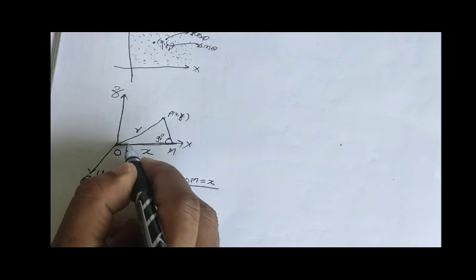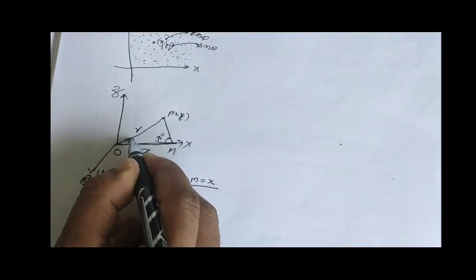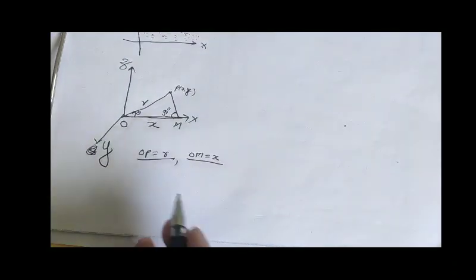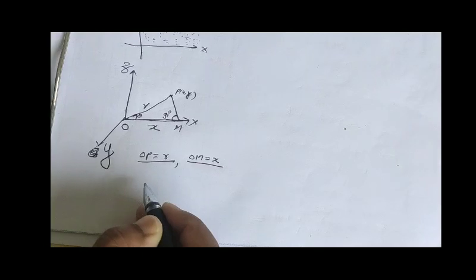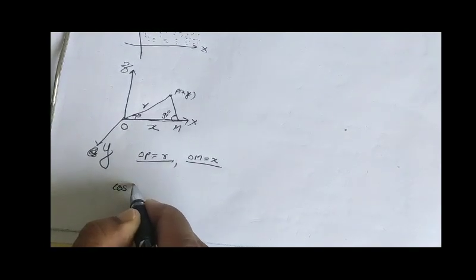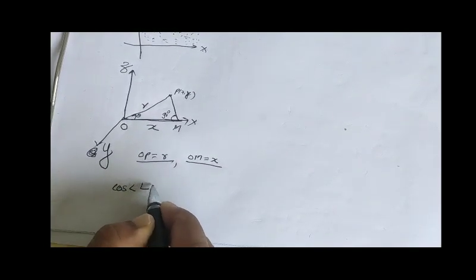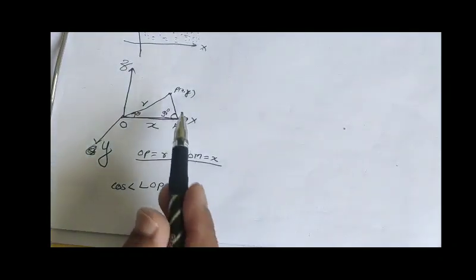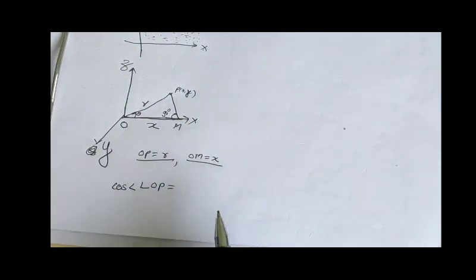Now suppose this is any angle theta, which is an acute angle, obviously, and I compute cos of that angle, that means cos of angle LOP.